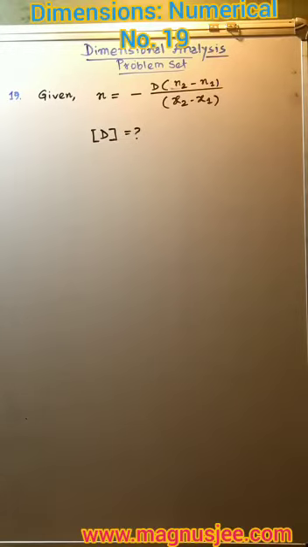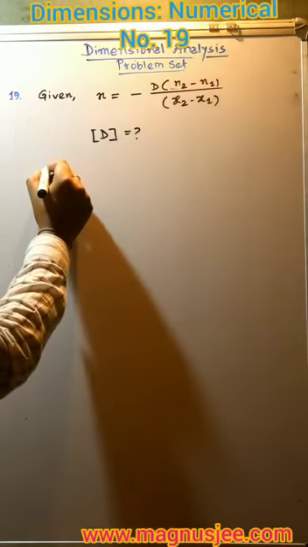Numerical number 19, the expression of n is given. We have to find the dimension of diffusion constant D. So in this case, what is n?